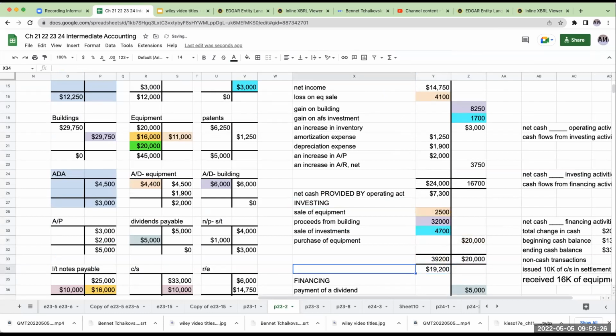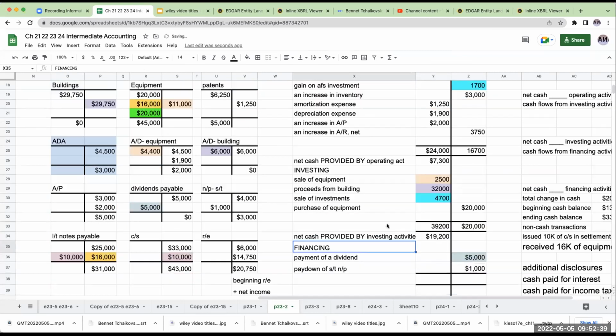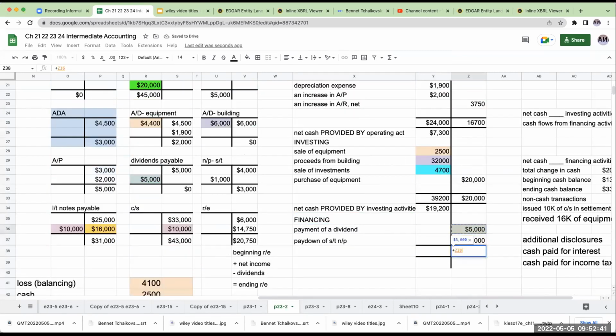Because it's positive on the left-hand side, this is going to be net cash provided by investing activities. And then down over here for financing, you're going to say 6,000. So this is going to be net cash used in financing activities.